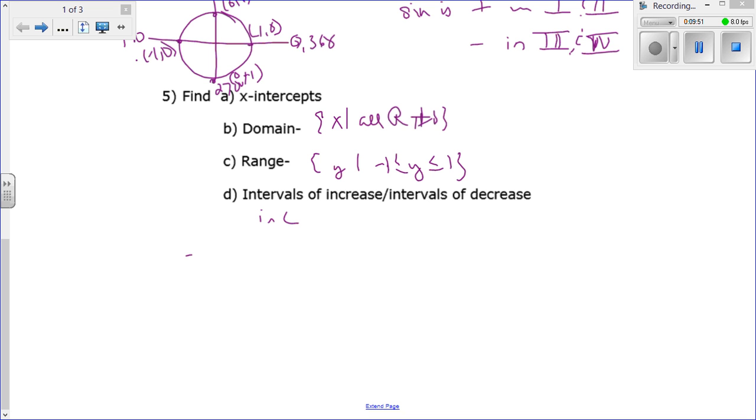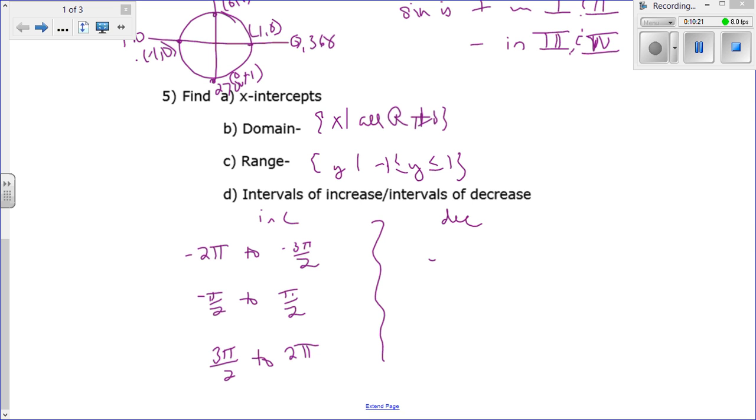So we are increasing from negative 2 pi to negative 3 pi over 2, and then again from negative pi over 2 to pi over 2, and again from 3 pi over 2 to 2 pi. That's when my graph is increasing. My graph is decreasing everywhere it's not increasing. So negative 3 pi over 2 to negative pi over 2, and again from pi over 2 to 3 pi over 2.